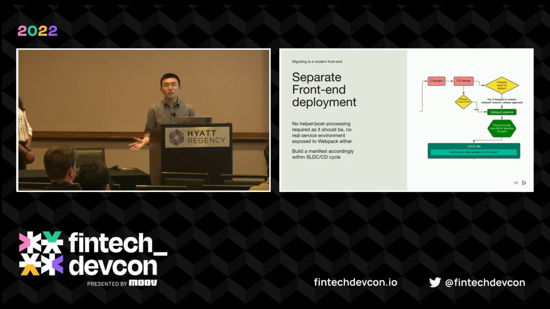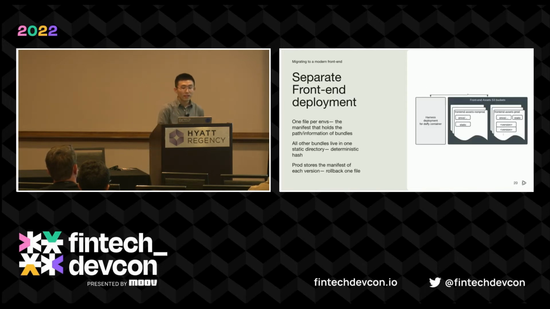And no service environment variables are passed or even exposed to the Webpack compilation steps, so your front end does not store anything that should be considered sensitive. The result is that we have one manifest file per environment, per tenant production environment. That manifest holds the paths and information of the bundles and what should load and what not.